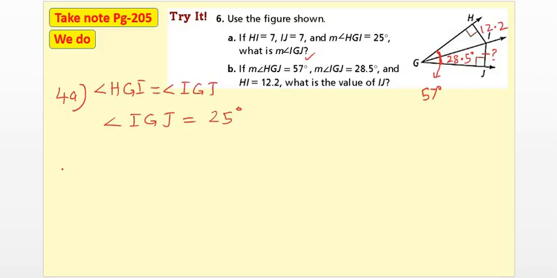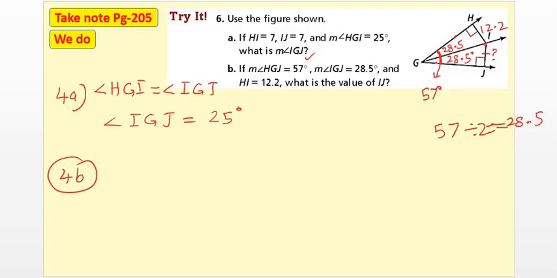Now, if you notice, right now this is, you can say, the converse of the first part. How? Because I know that 57 is the whole angle. What is the half of 57? The half of 57 is 28.5. Right? If you divide 57 by 2, it will give you 28.5. This means that if they are talking about the angle bisector, and this angle is 28.5, then this angle for sure will be 28.5.